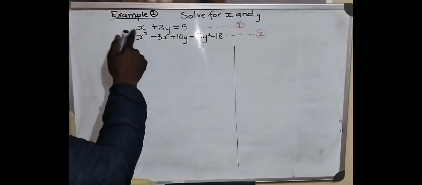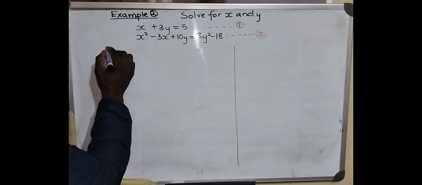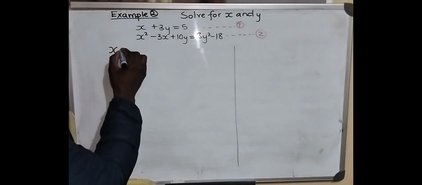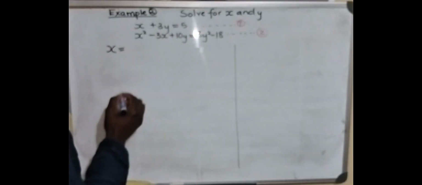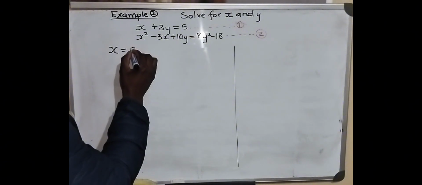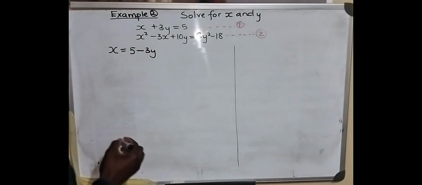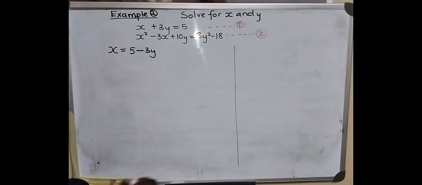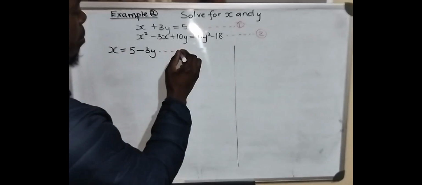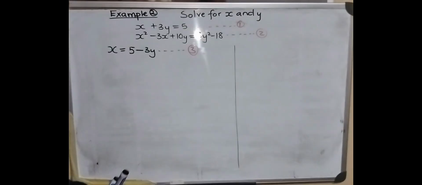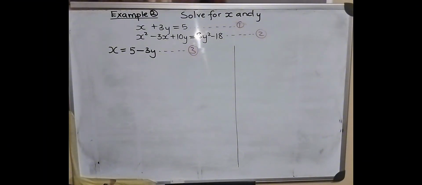So I'm going to isolate x in equation number 1, then I'm going to obtain x is equal to, then I'm going to take everything to the other side, so I'm going to obtain 5 minus 3y. And this is going to be my equation number 3.